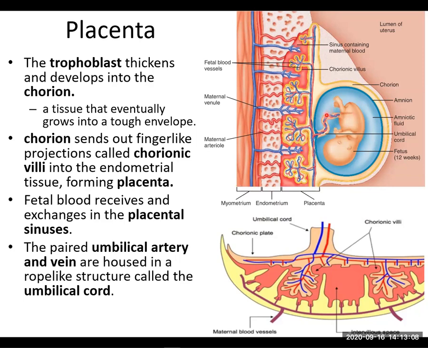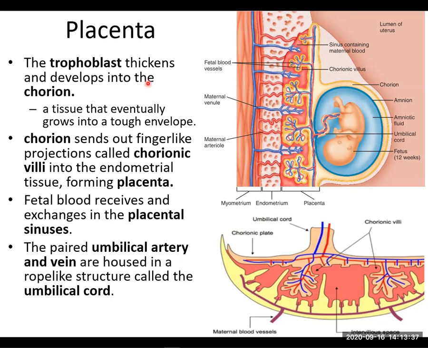At the same time, the baby will deliver the metabolic waste products into this sinus, and the mother will take those metabolic waste products from the vein back to the mother's body. So this is the placenta. The placenta includes the baby part and the mother part. So this is the interaction.